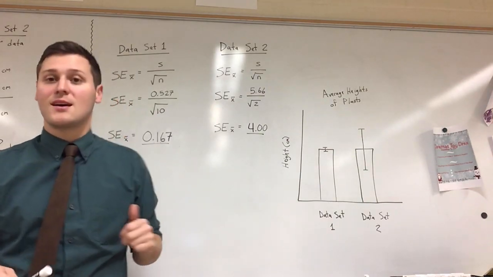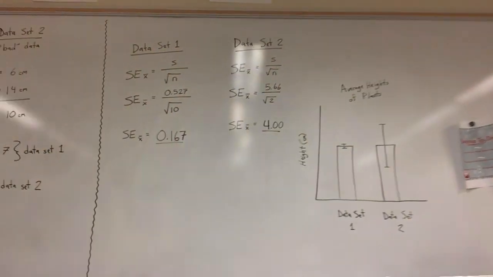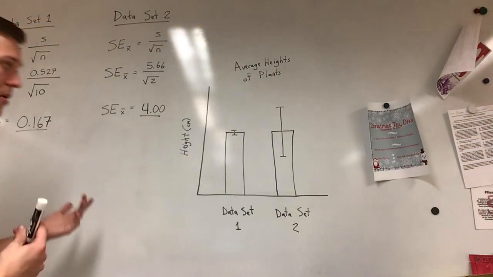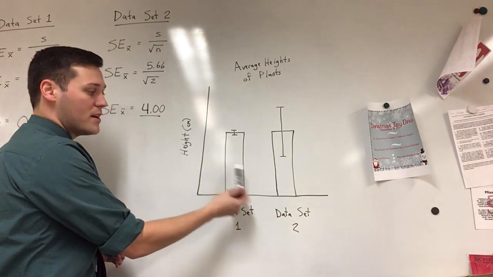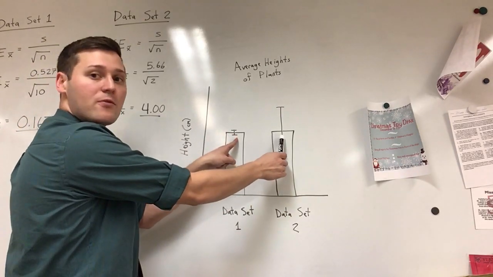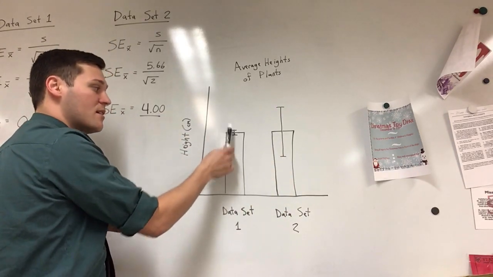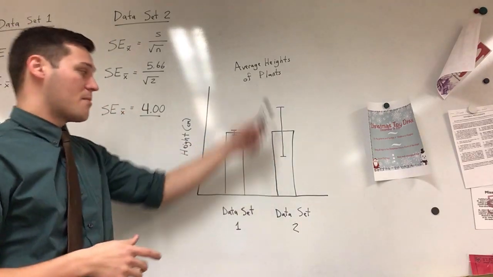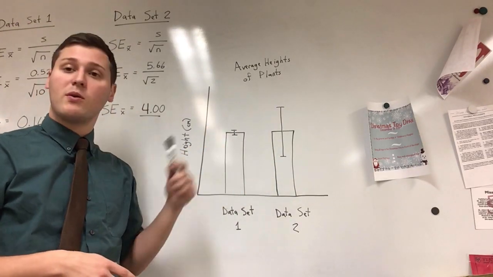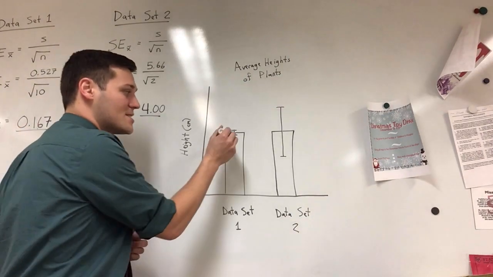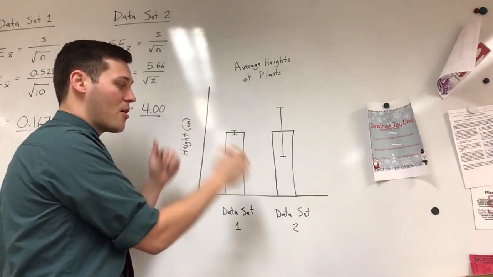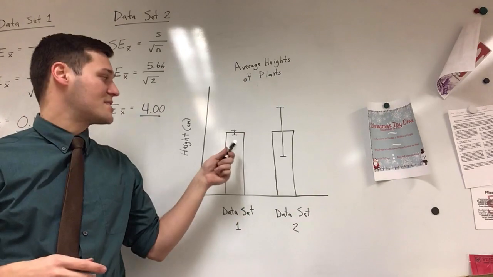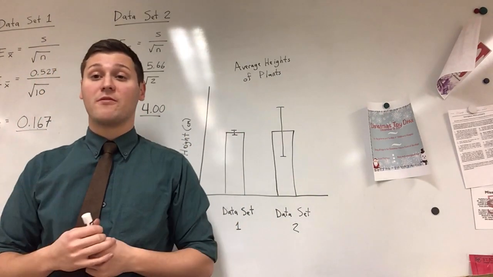So if we looked at them side by side on a graph, and we plotted them with error bars, you would see data set 1 and data set 2 have the same average, but for data set 1, the error bars are a lot smaller, and for data set 2, the error bars are a lot bigger. So here, I would be more inclined to trust this data with smaller error bars than this data, because this has a smaller standard error of the mean.